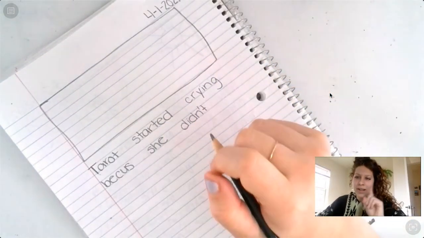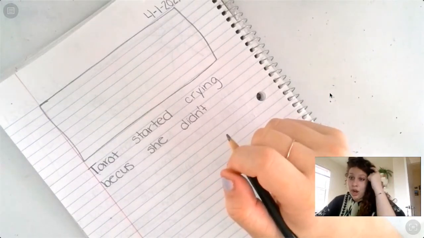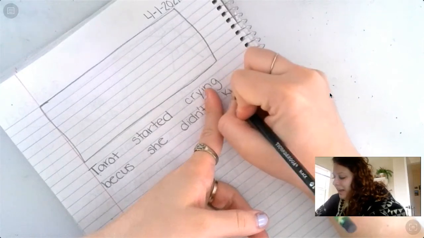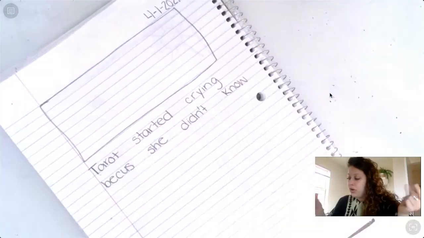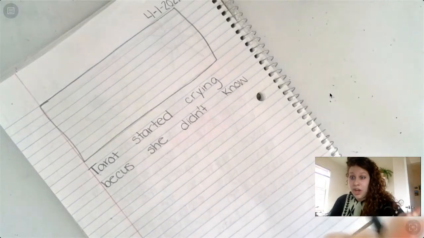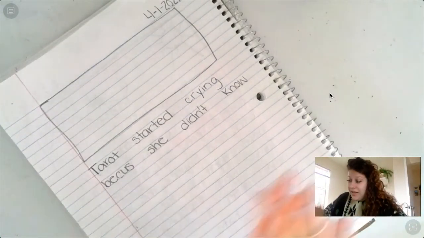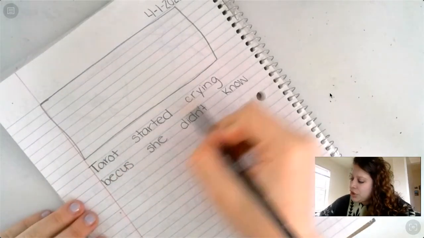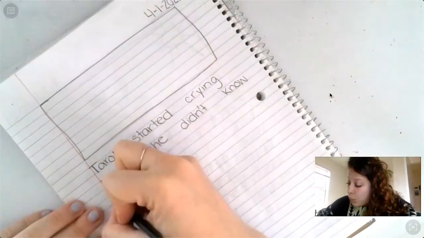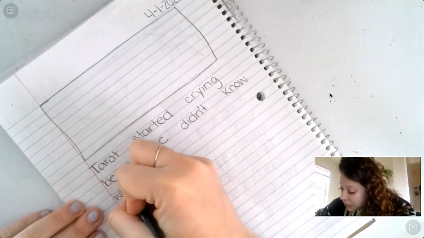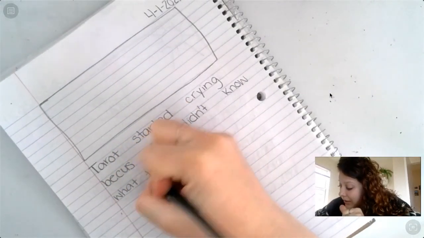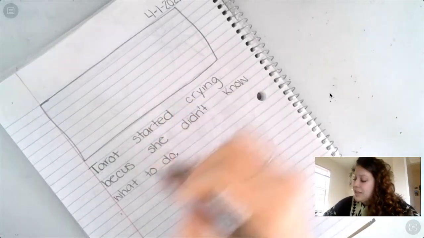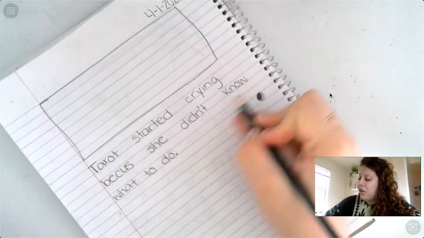Oh, this isn't no like no, don't do that. This is know, like what you know in your brain. So this word is K-N-O-W. Know. I want to make sure I remember that. Taro started crying because she didn't know what to do.